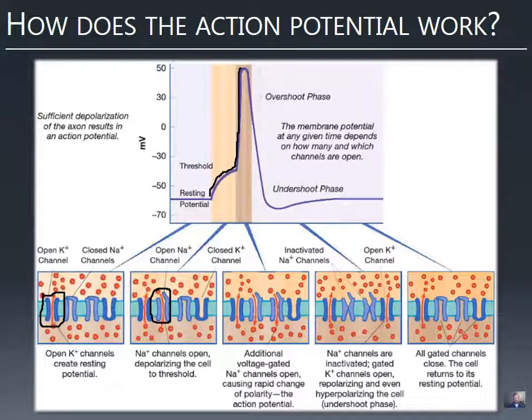So now these potassium channels start opening up, the sodium channels are closed, and so all this potassium starts rushing out of the neuron, which means now there's more positive charge outside than inside, which is how it was before. So potassium starts going out, sodium is at this point stopped flowing, so all this potassium goes out, brings that membrane potential back into negative territory, and then eventually the potassium channels shut down. So they close.